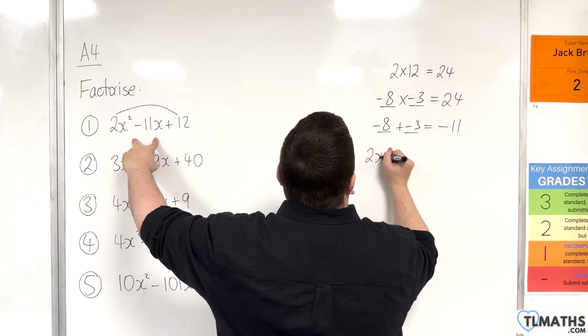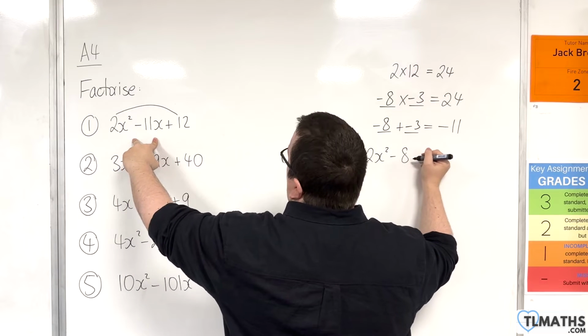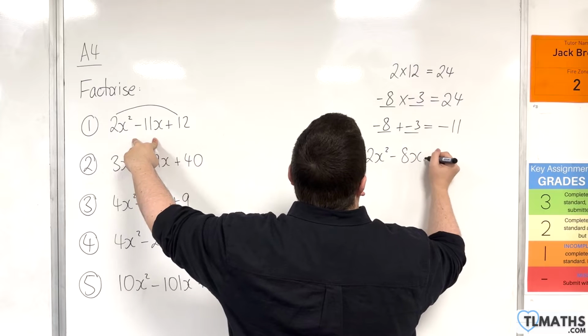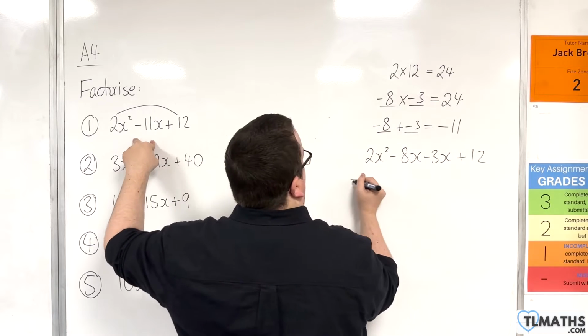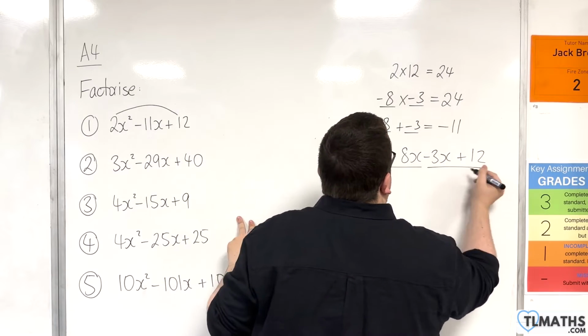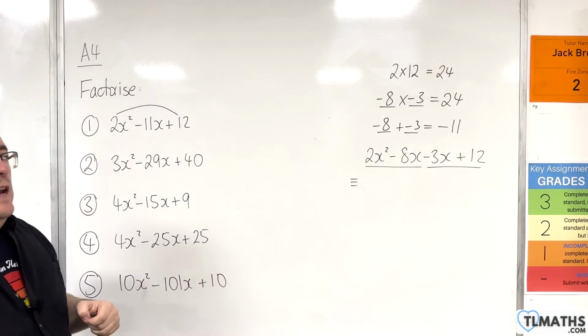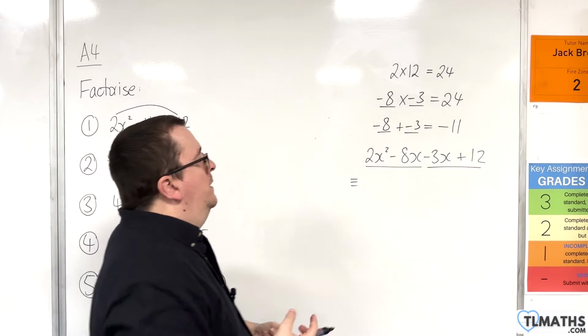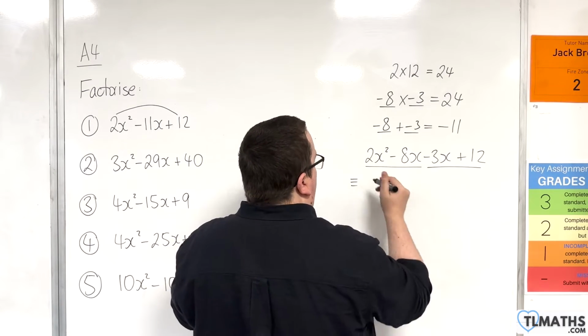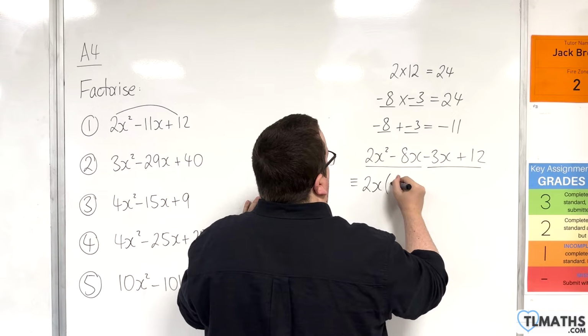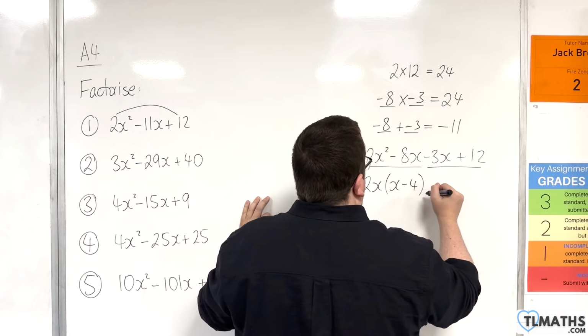So, 2x squared, and we're going to split the minus 11x up into minus 8x, take away 3x, and remember that order doesn't matter. The next line will be different, but the end result will be the same. So 2x squared take away 8x. Factorise that part first. We can factor out the 2x and we'll have x take away 4.